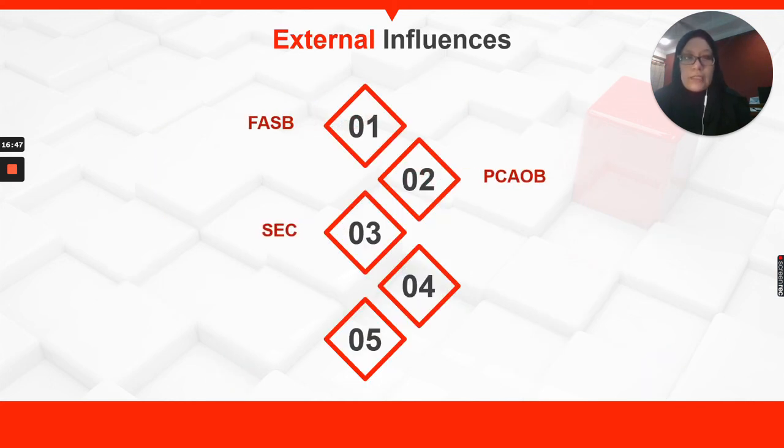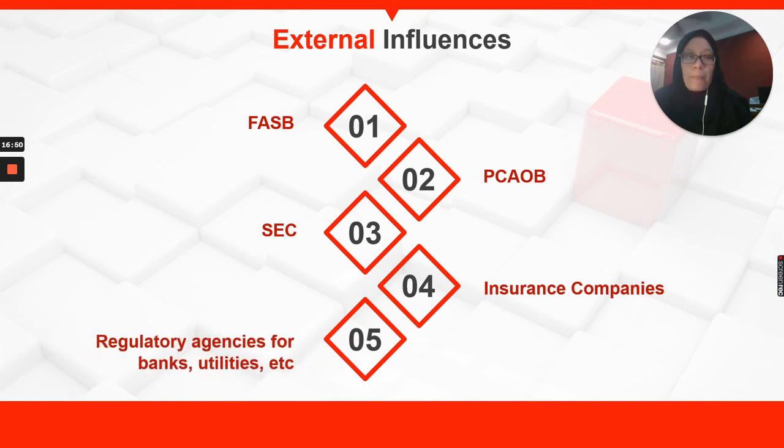External influences include external laws and regulations, for example the Financial Accounting Standards Board, FASB, the Public Company Accounting Oversight Board, PCAOB, the Securities and Exchange Commission, and also the insurance companies and other regulatory agencies, for example banks, utilities, and so on.